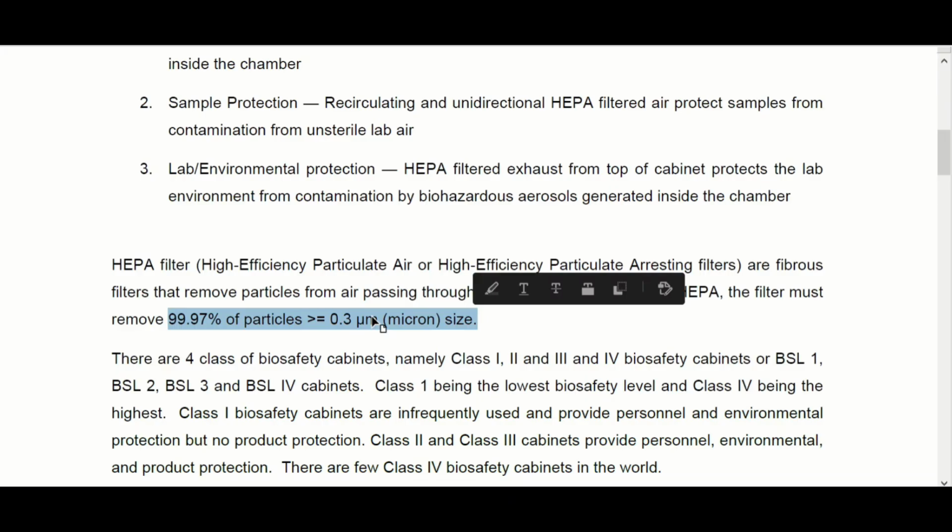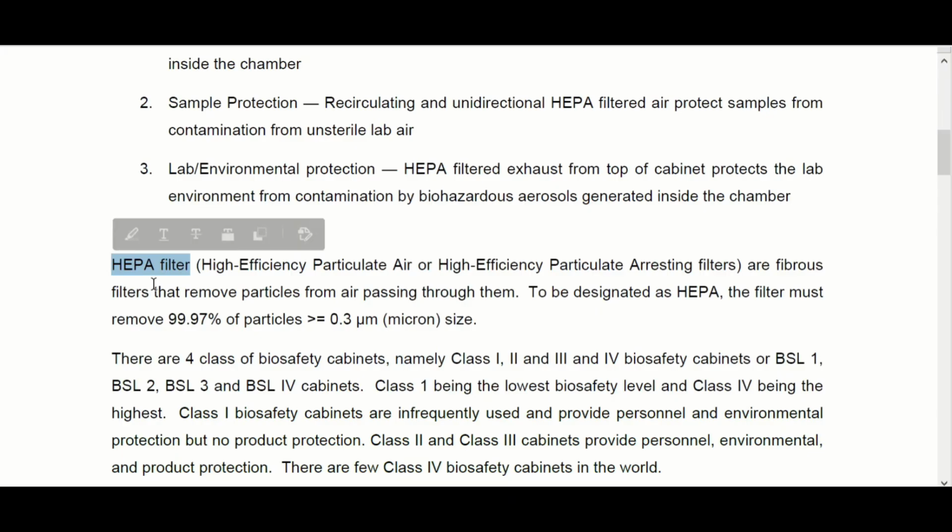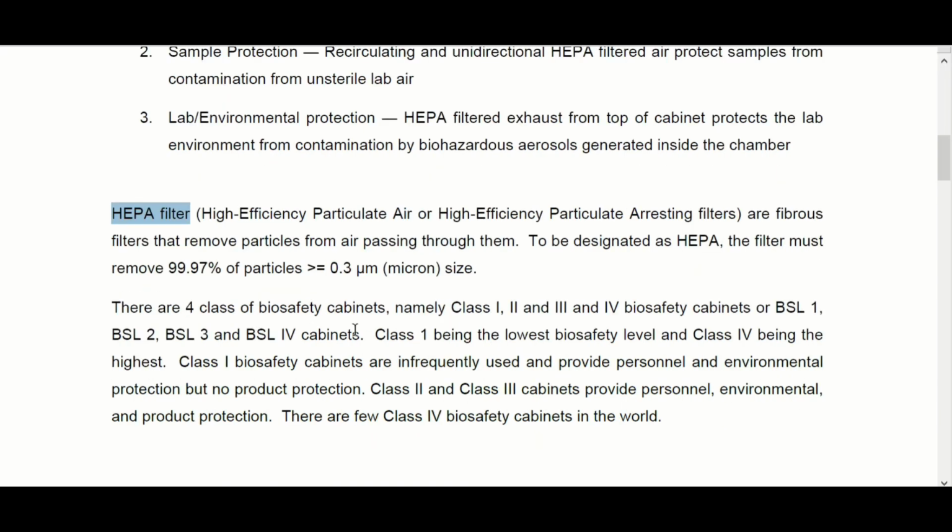Particulates are like dusts and air droplets. But they don't remove gases and vapors, because gases and vapors tend to be smaller in molecular size. And there are 4 classes of BSC: 1, 2, 3, 4.